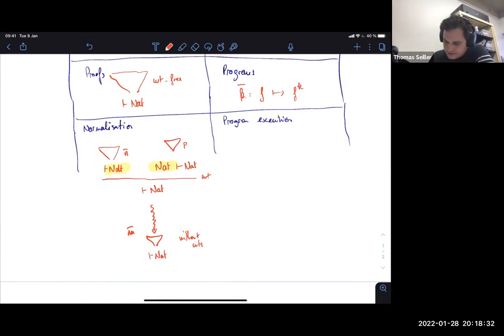And so this corresponds on the program side to taking p, giving it n as input, and then reducing, so executing the program, computing actually, and providing the result. And you have an exact correspondence.